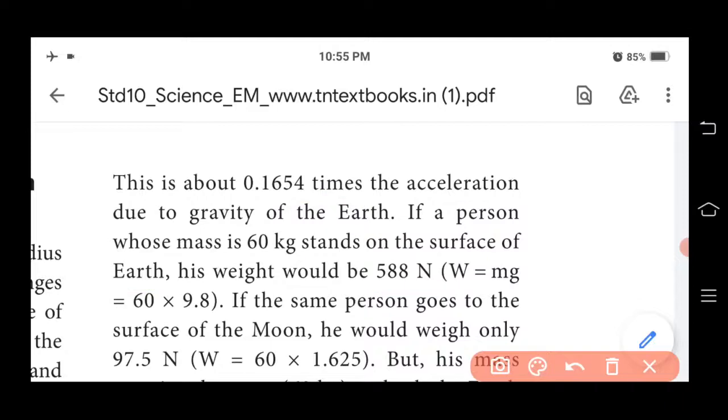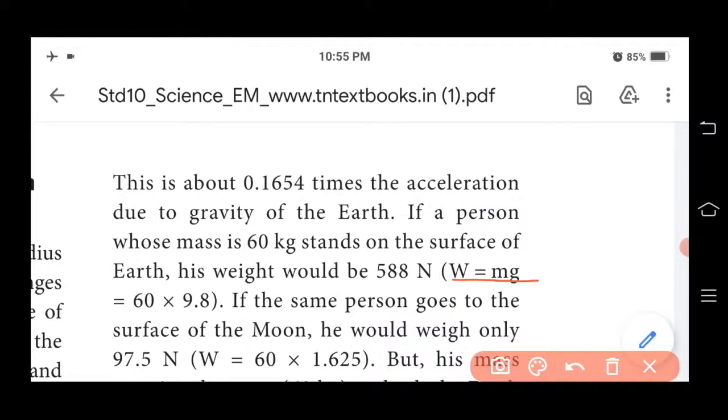Here we substitute the formula W equal to M into g. So W equal to mass 60 kg into g value 9.8. By the product we get 588 Newton.